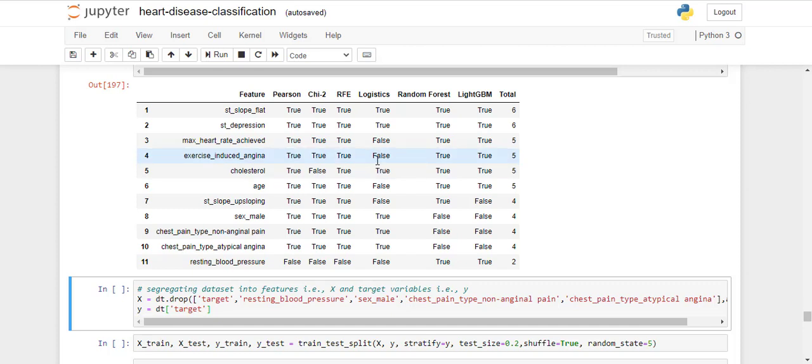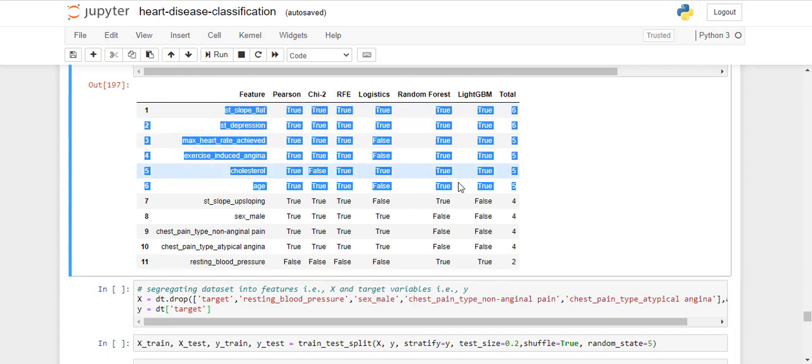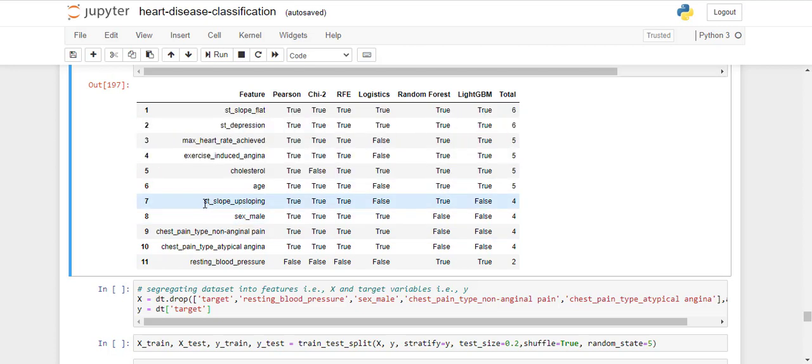So what I am doing is selecting only those features which have a minimum of 5 algorithm supports. Okay, majority voting of 5, not below that. But the thing is, we cannot exclude linked features like ST slope flat and ST depression.